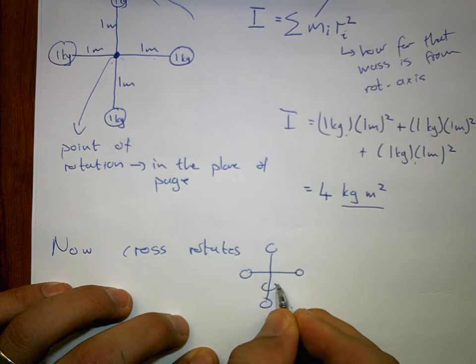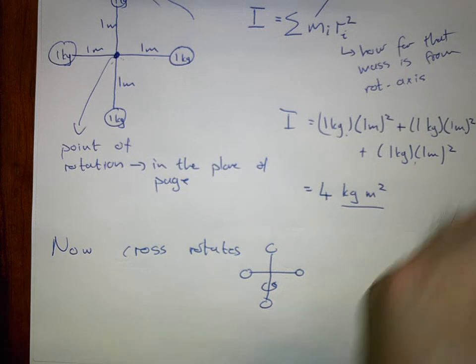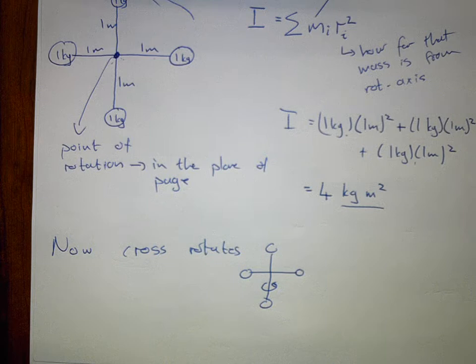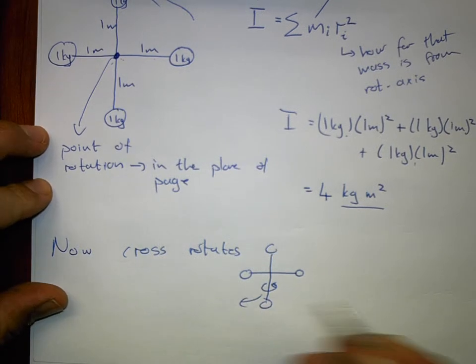So it now rotates like so. So if this was the cross, we had that it rotated like this. Now we say it's going to rotate around a different axis like so. So this is a different rotational axis.